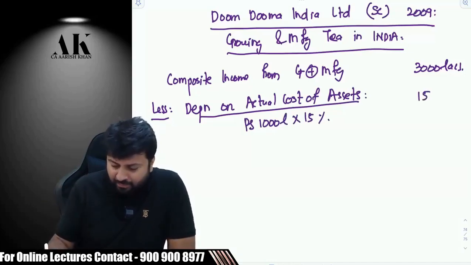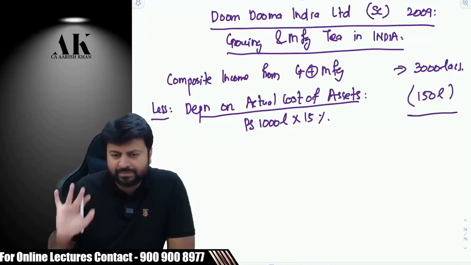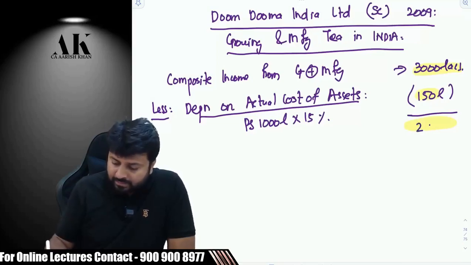So it will come to 150 lakhs, as per the income tax law. And this income is also as per the income tax law. So this income was before depreciation, and now I am claiming depreciation and writing the final PGBP income. This is 2850 lakhs.